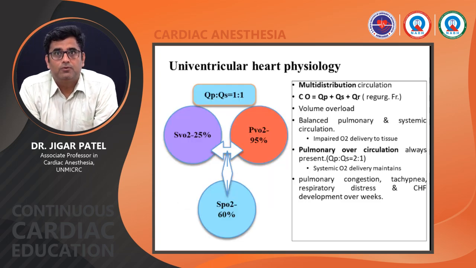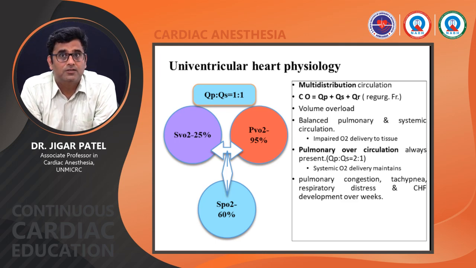If we suppose a single ventricular patient has balanced pulmonary and systemic circulation, it will not give optimal oxygenation. If pulmonary blood flow and systemic blood flow are equal, then you will get pulmonary venous oxygen of 95%, but systemic oxygenation will be 60%. So it will impair oxygen delivery.